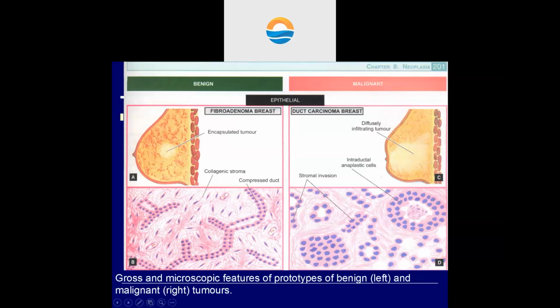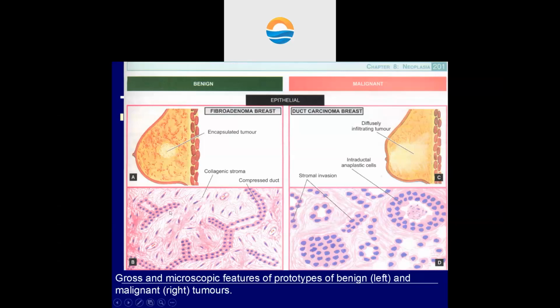Then, under the microscope, we take a piece of tissue to study, and we see only tissue atypia. Tissue atypia means the tissue architecture is a little bit different from the normal one.